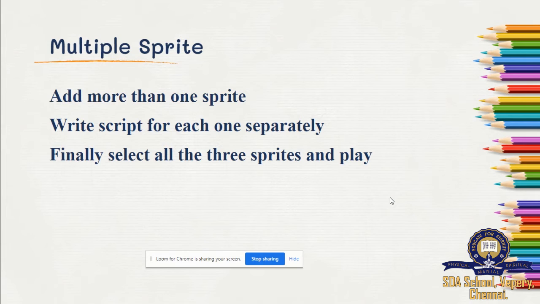Multiple sprites. So how to work with multiple sprites? Now we have seen how to upload a sprite. Four methods of uploading a sprite. Now we are going to see working with multiple sprites. You can add more than one sprite in your stage.